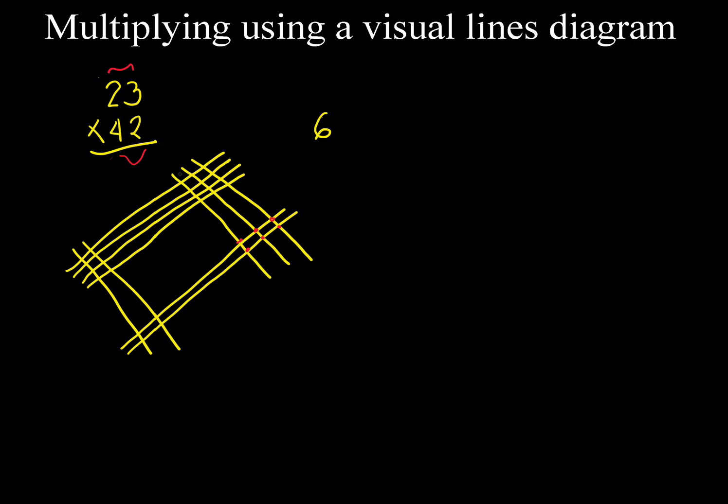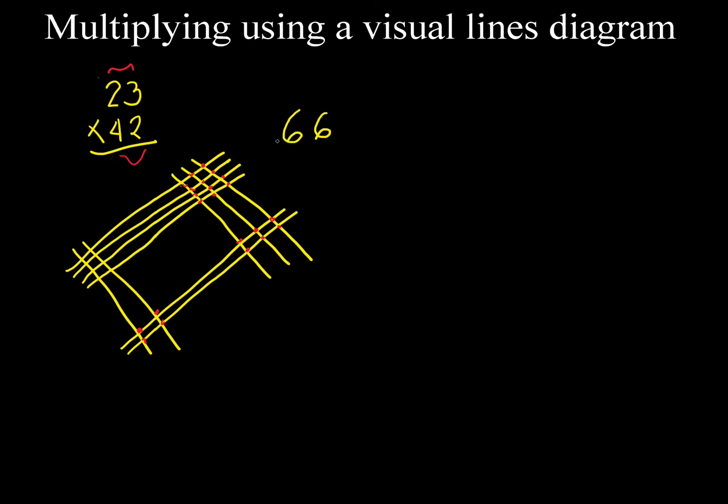So we got 1, that's 2, that's 3, 4, 5, 6, 7, 8, 9, 10, 11, 12, 13, 14, 15, 16. So we're now going to write down our 6.